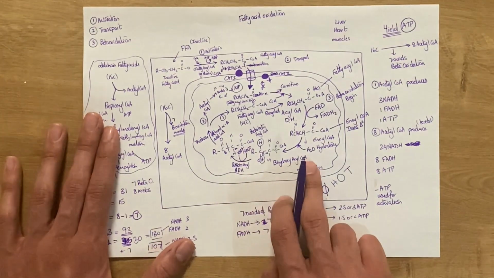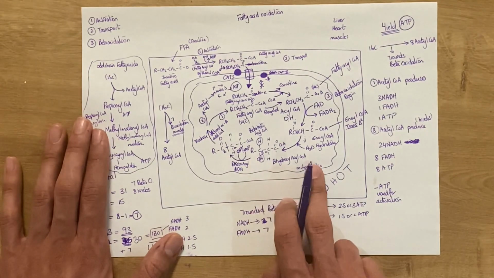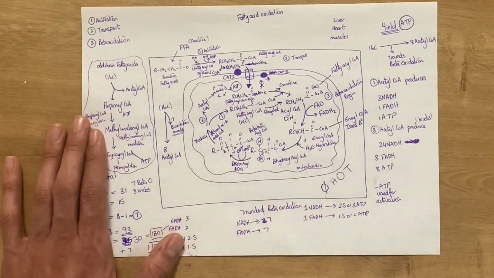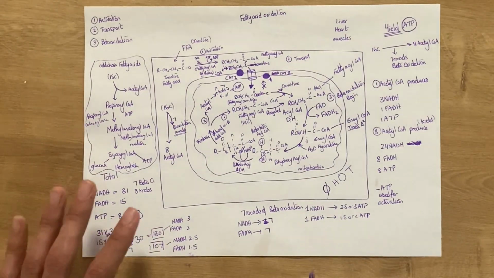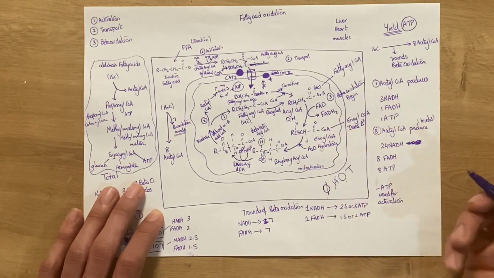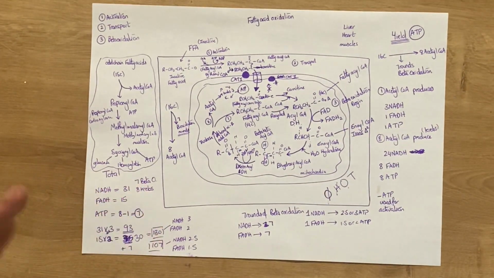Beta hydroxy acyl CoA: beta has an H and OH, alpha has an H and an H. So we've done hydration, and now we're going to go into the second oxidation.